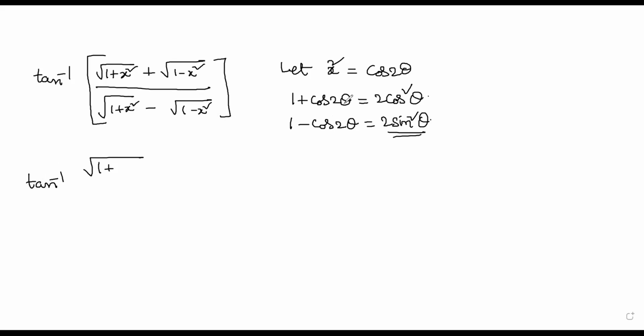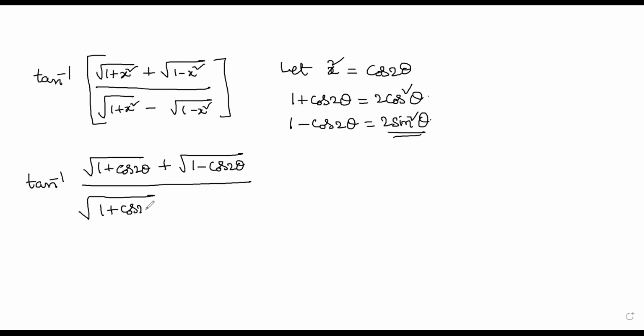When you plug this in, it becomes tan inverse of square root of, instead of x square, you substitute cos 2 theta: square root of 1 plus cos 2 theta plus square root of 1 minus cos 2 theta, whole divided by square root of 1 plus cos 2 theta minus square root of 1 minus cos 2 theta. Now 1 plus cos 2 theta is 2 cos square theta, and 1 minus cos 2 theta is 2 sin square theta.